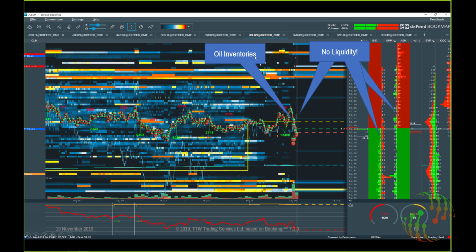Fed announcements, or non-farm payrolls, and other important economic announcements, then you will see that every liquidity vanishes, disappears, is cancelled, because all the informed traders, and guys, we are now informed traders, disappear from the market. They know what is happening. They know there is news coming in.